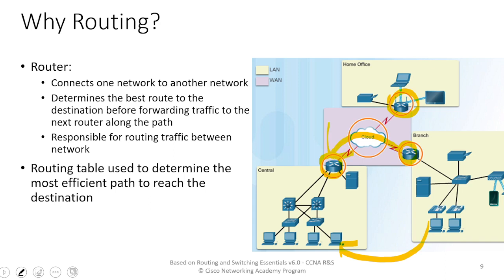And then these routers will keep this information in a data structure called a routing table, and that is what would be used to make any interconnections between these separate networks.